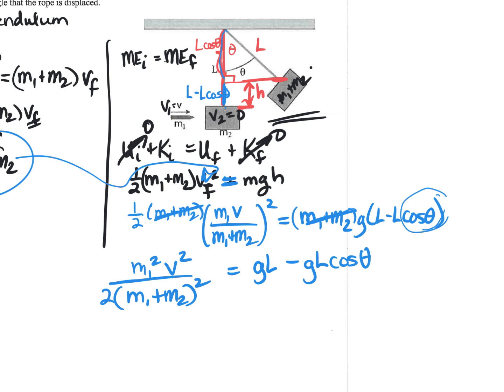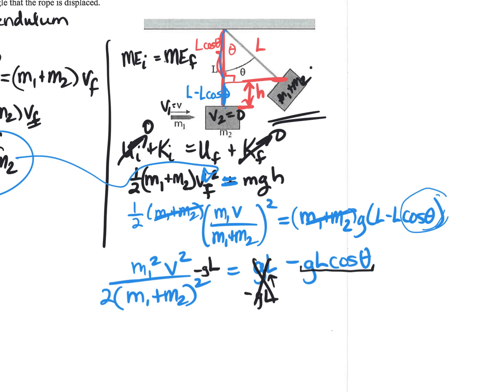So how do I get theta by itself? First thing I have to do is do what? Mathematically speaking, what do I need to do next? Guys, I have to isolate this term. So I have to get rid of that term. How do I get rid of that term? Subtract it. Minus gL.